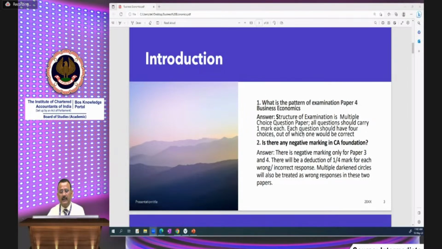Multiple darkened circles will also be treated as wrong responses in these 2 papers. So while answering the paper, try to mark the correct answer only. Don't put 2 or 3 options as the correct answer.